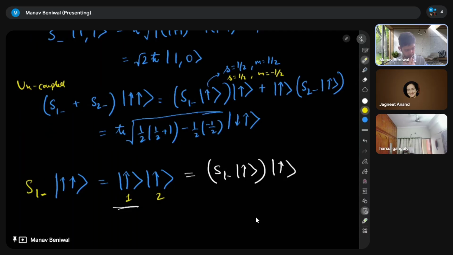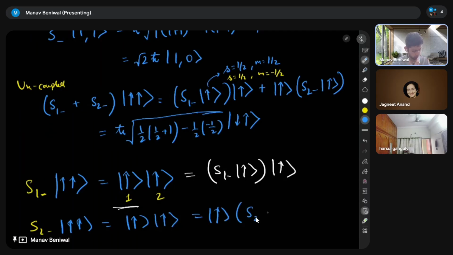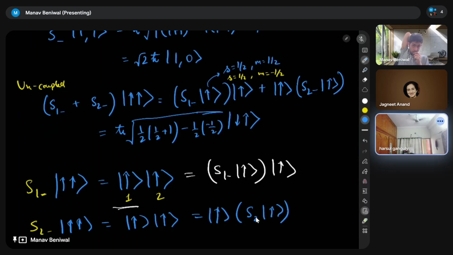If I do S2 minus on the same state, this time my first electron will remain unchanged, and my second electron will feel the lowering operator. That is what we have written here. Just add these two, and this is what we will get. Is this clear now? Yes.